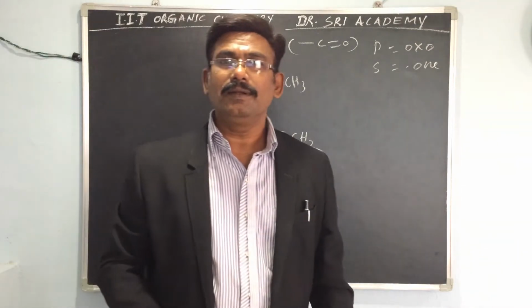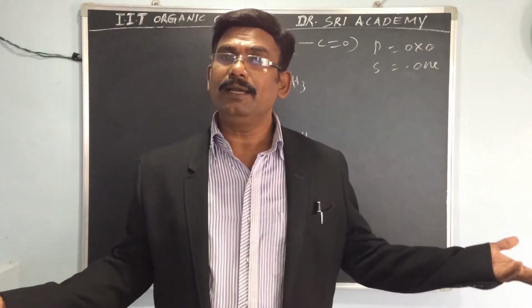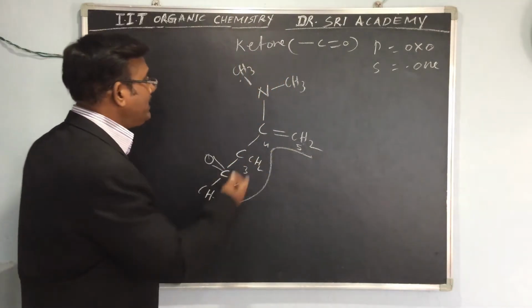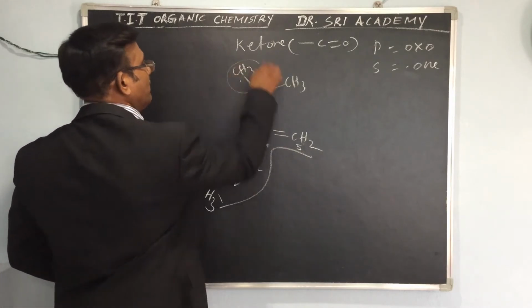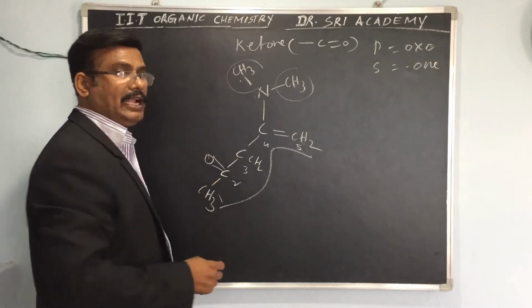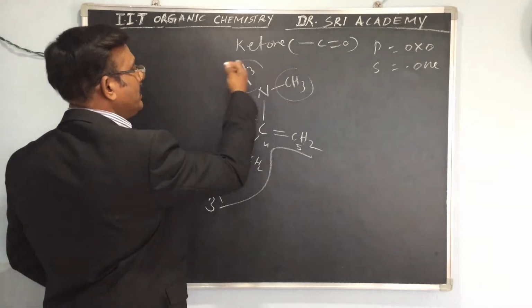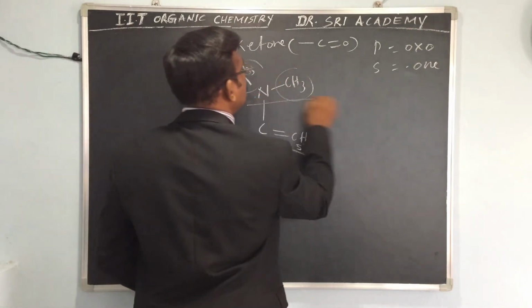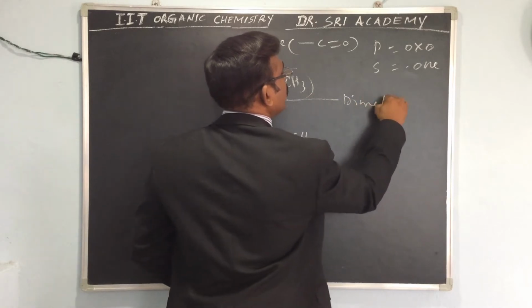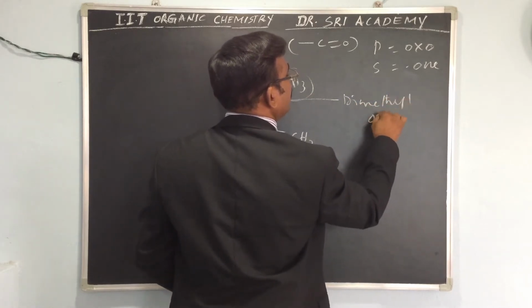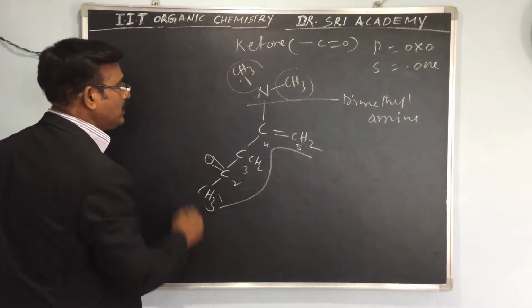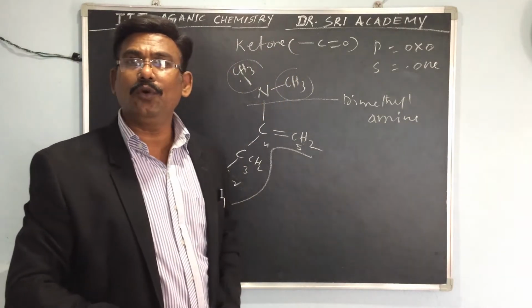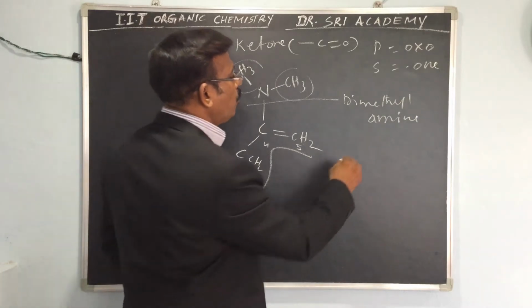How many carbons? Pent. Pent means pentane. So pentane has one dimethylamine. Two methyls are present on the nitrogen, so we can say dimethylamine. The 2nd position contains the keto group, so we can say 2-one.